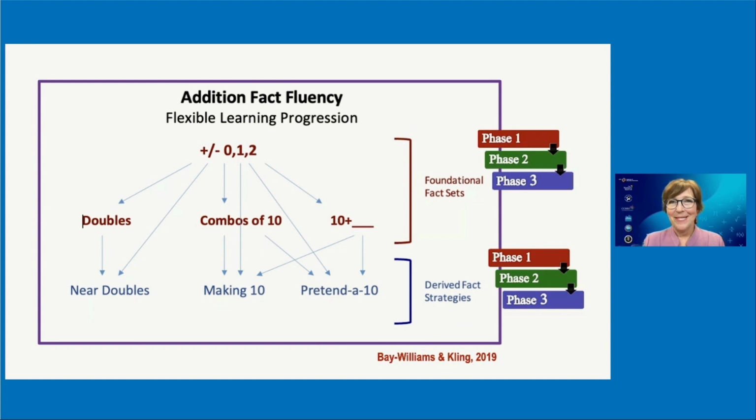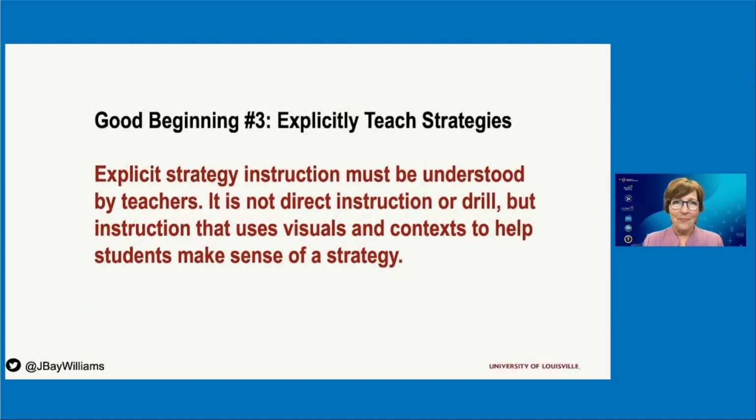You have to be automatic with 10 and some more in order to not be overwhelmed with the steps of thinking through what one less than 10 and some more would be. So this is breaking down what you need to know to do pretend to 10. I call it pretend to 10. It's from Baroody's work on use 10. But for first graders, second graders, this idea of pretending it's a 10 just resonates with them.